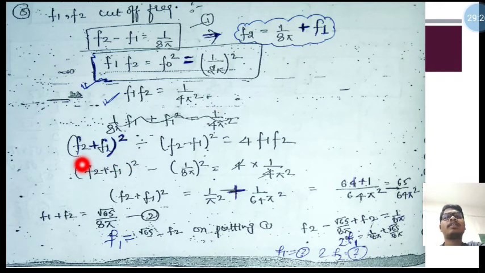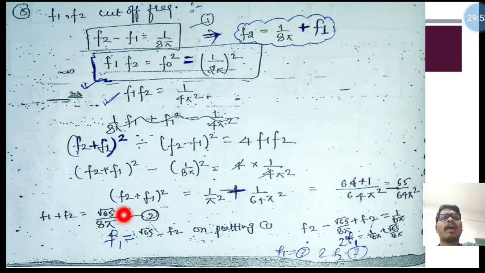So after adding f1 plus f2 square and taking difference f1 f2 minus f1 square, then we get 4 f1 f2. So after taking this f1 f2 here, f2 minus f1 is 1 divided by 8 pi square, and after taking this equation here, then we can find f1 plus f2 square as 65 divided by 64 pi square.